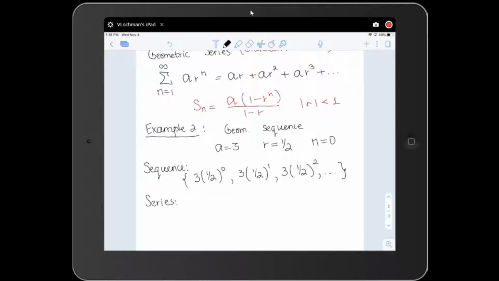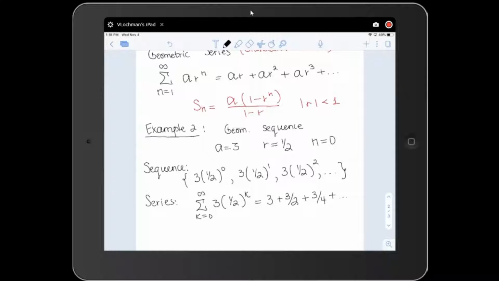The series is the summation of these. So the series would be 3 times 1/2 to the k, k goes from 0 to infinity. In this case, you would be saying 3 plus 3 over 2 plus 3 over 4 and so forth.